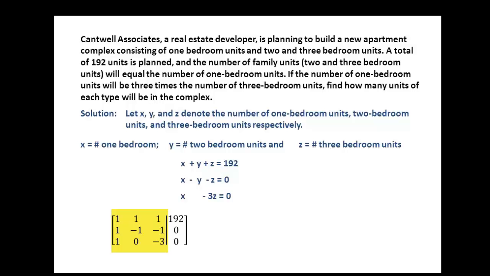Finally, the third column of the coefficient matrix will be 1, negative 1, negative 3. We add to that a 3-by-1 matrix made up of the constants 192, 0, and 0. Our next task then is to reduce that.